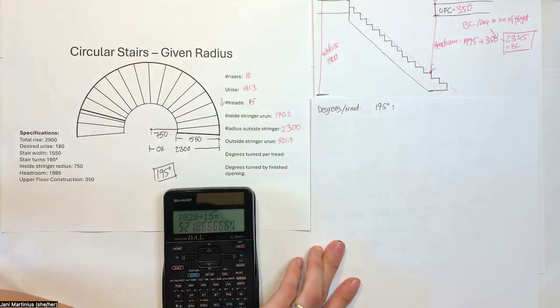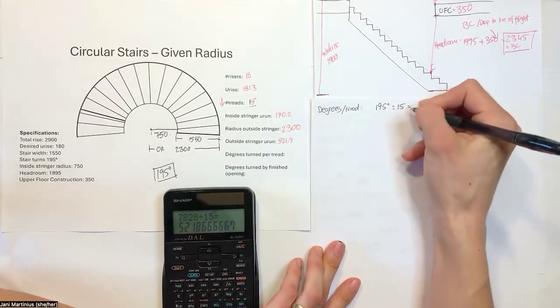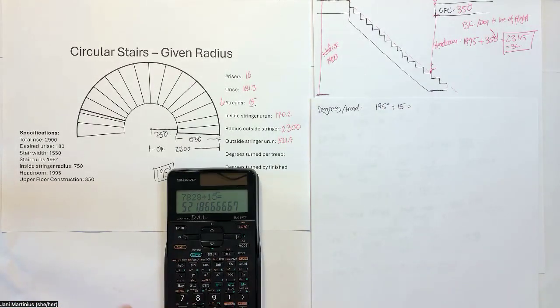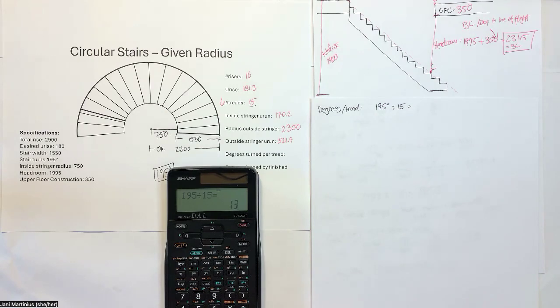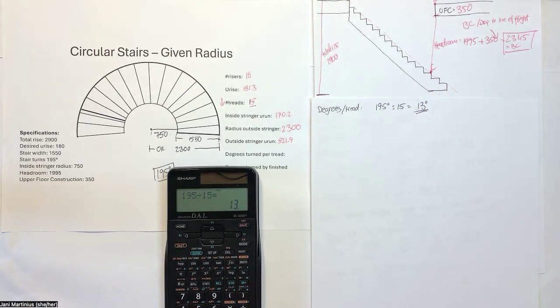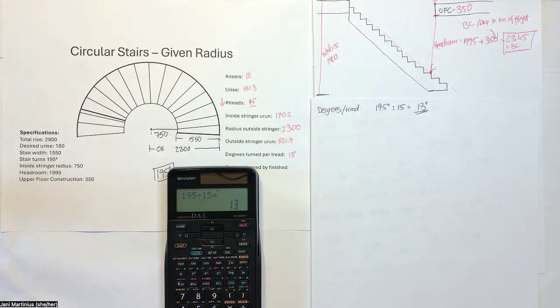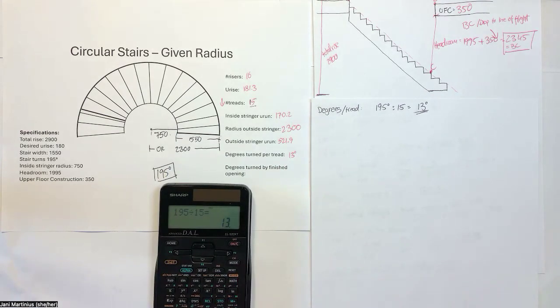How many treads do we have? Well, we have 15. 195 degrees divided by the number of treads that we have will get us the degrees turned per tread.